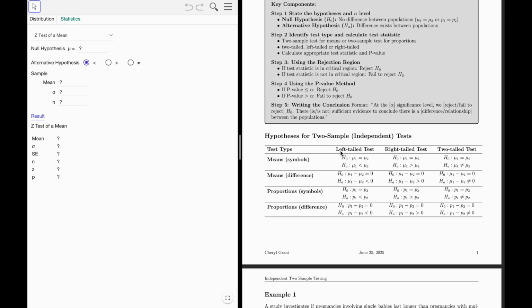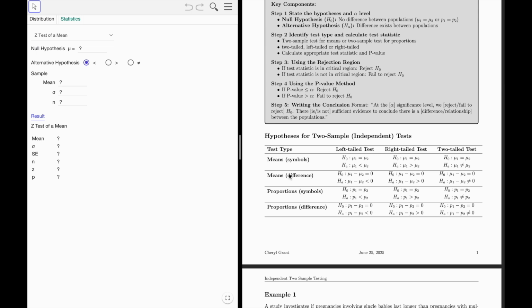So if we're looking at 2 populations, population 1, we're going to call that mu1 for the mean of that population, and then the second population, we'll call that mean mu2. So if we're doing a left tail test, we're looking to see if mu1 is less than mu2. And of course, we're going to assume in the null hypothesis that they're the same.